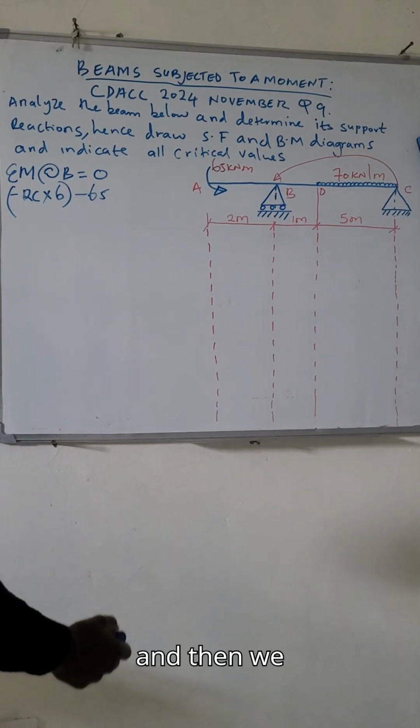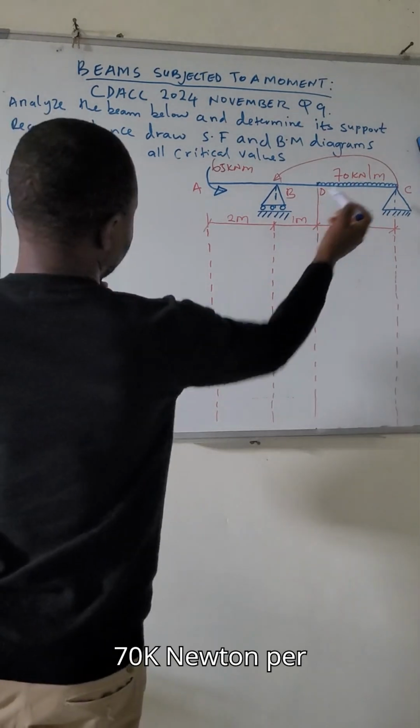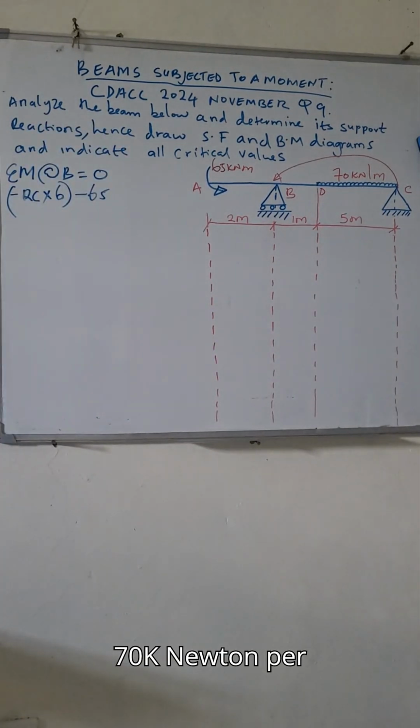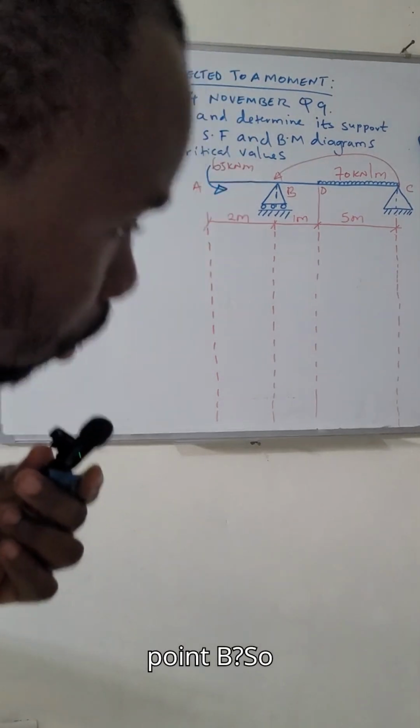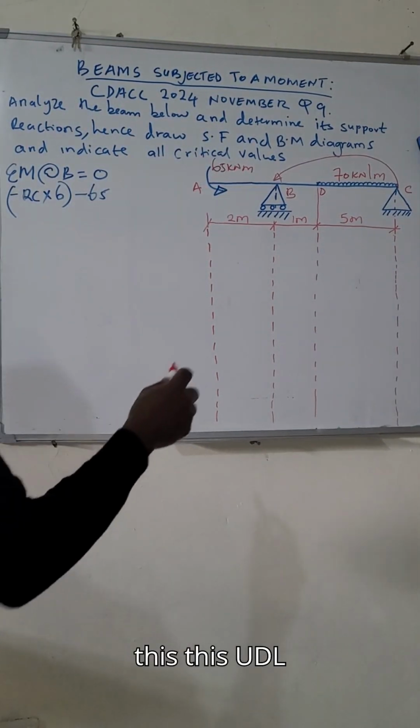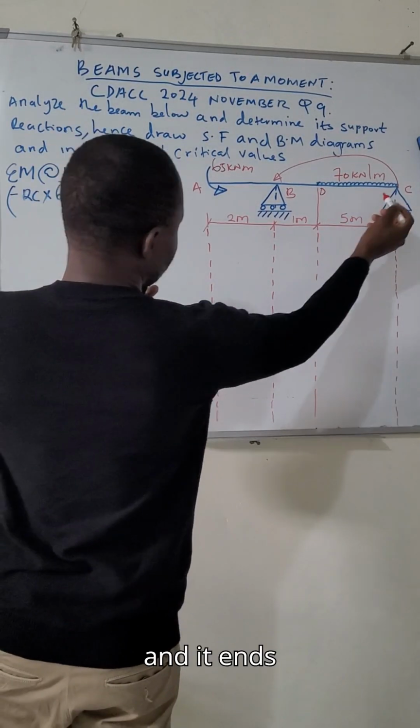And then we have a UDL of 70 kilonewton per meter. A UDL, you will first convert to a point load by multiplying by the distance covered by that UDL. In which direction is that UDL moving in reference to point B? This UDL starts here and it ends here.